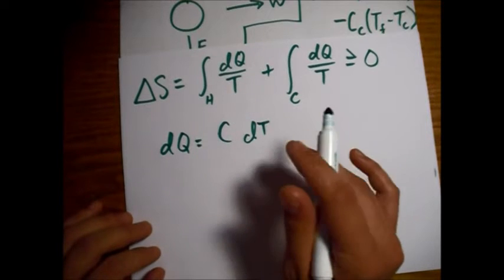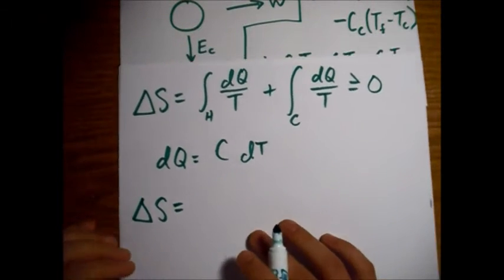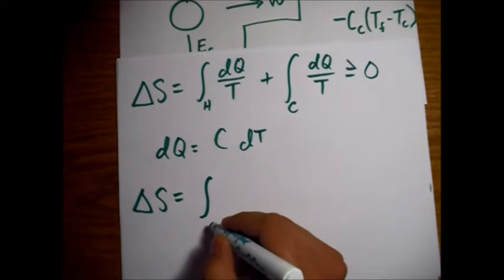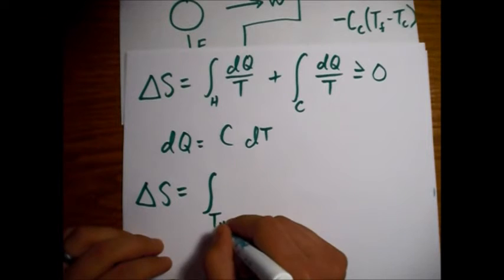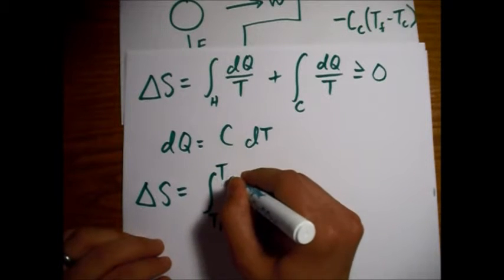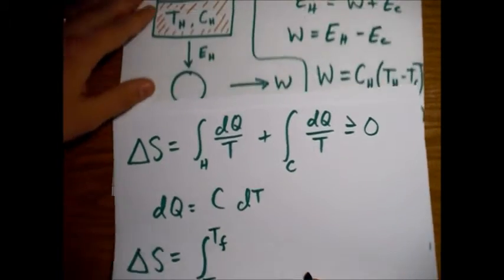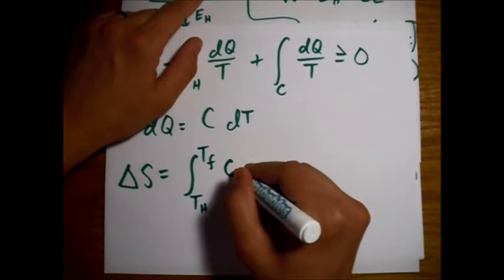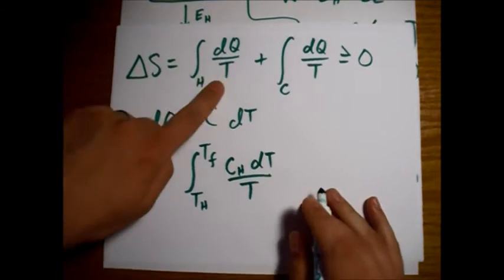So the first one, this time we'll just go from initial temperature to final temperature, TH to TF. The heat capacity for the first one is just C_H, and we'll have a dT divided by this T.